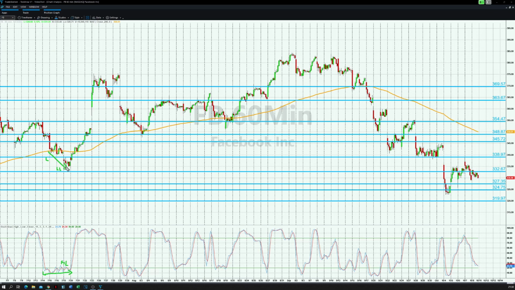Which means a reversal is very near. When do you enter? Some people will say when you see the indicator crossing above, you should go up. But as you see, why I don't like this: going up and moving down, you go long and it moves down again.